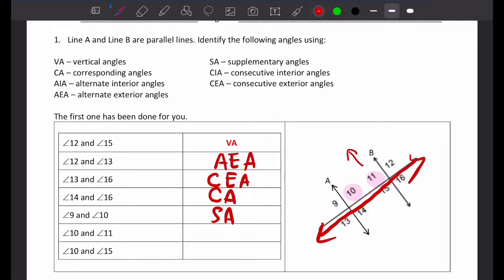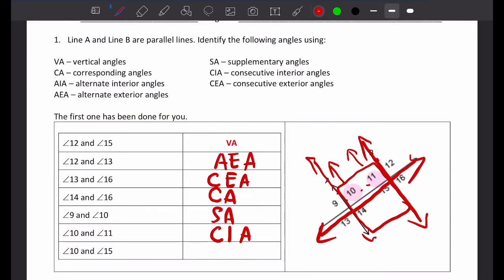Both angles are on the same side. And both angles are inside the parallel lines. These two are the parallel lines. And here are the two angles. Okay, so they are consecutive because they are on the same side of the transversal line. And since they are in between the parallel lines, they're called interior. So they are consecutive interior angles.